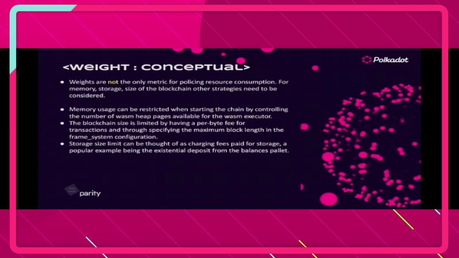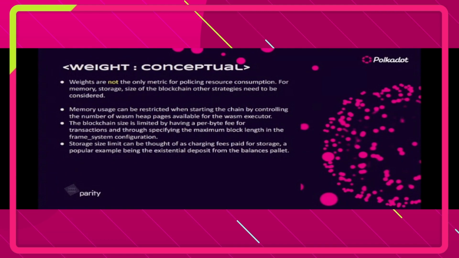If you look into the service file, you can specify the number of WASM heap pages that will start with your node. We can start with just a gigabyte of WASM heap pages, and that's a hard constraint on your blockchain node. For blockchain size, we can limit that by implementing a per byte fee. You can have a transaction, and you can have per byte fees for that.